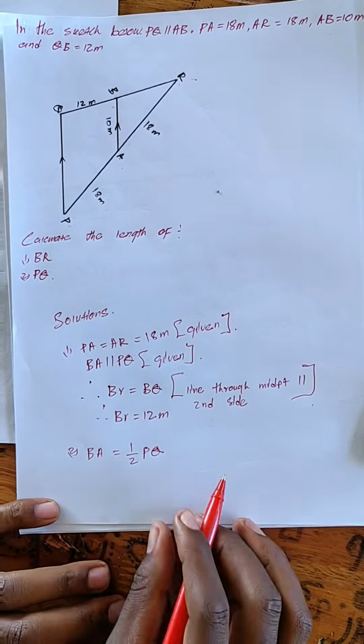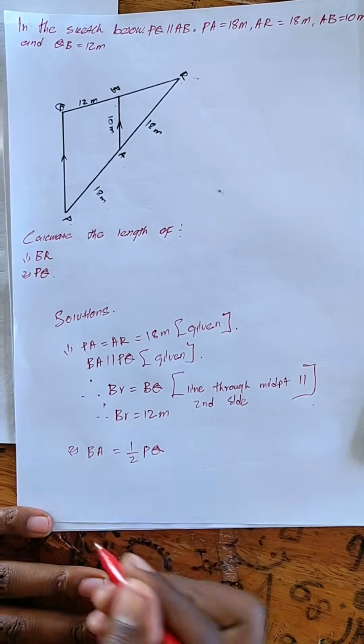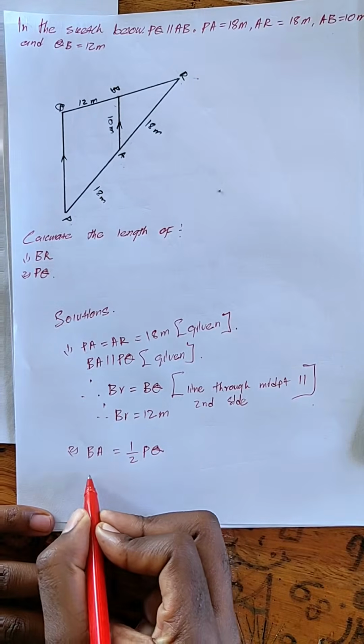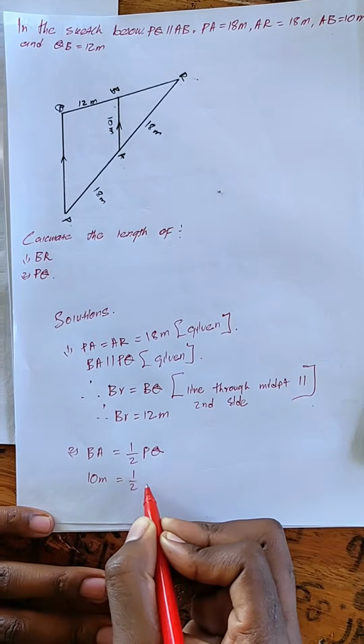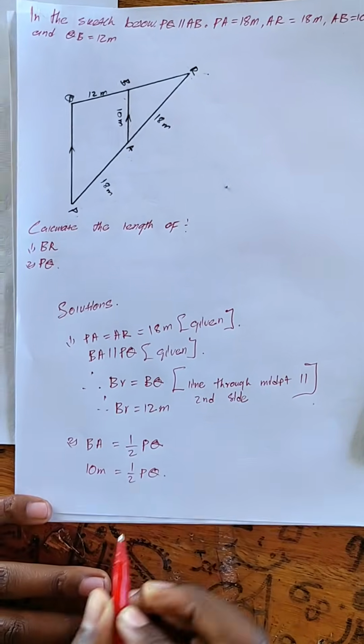Now let's try to solve for PQ from this. BA is 10 meters, which equals half the length of PQ.